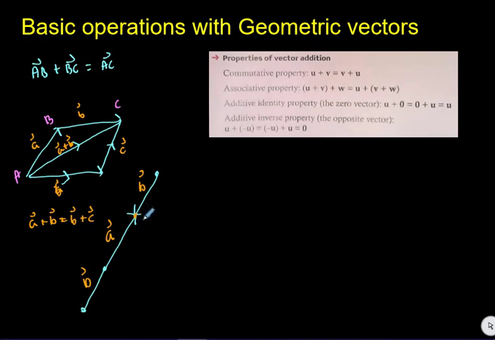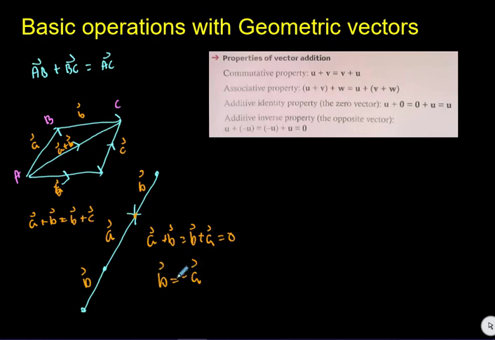And when they're at a point 0, using the additive property, A plus B is equal to B plus A, but it's got to end up being 0. So we know that our vector B is equal to negative vector A, and that's our opposite vector right here.